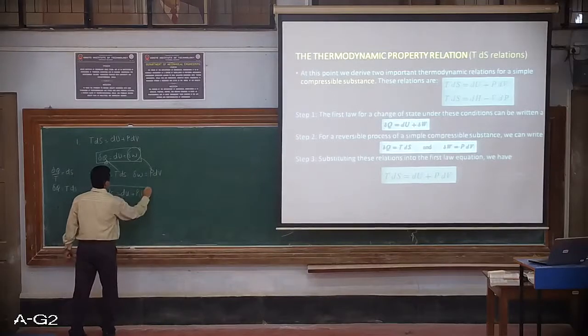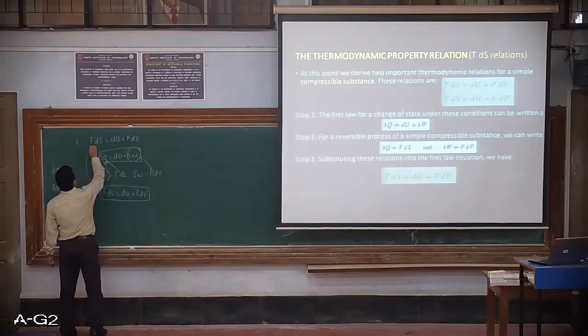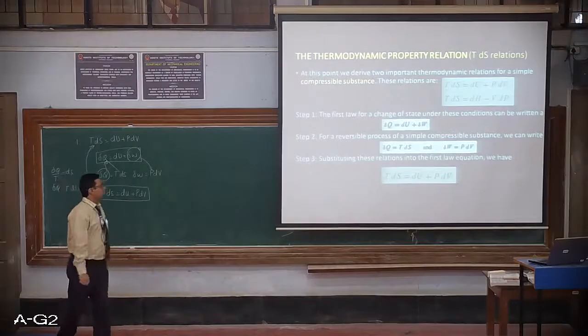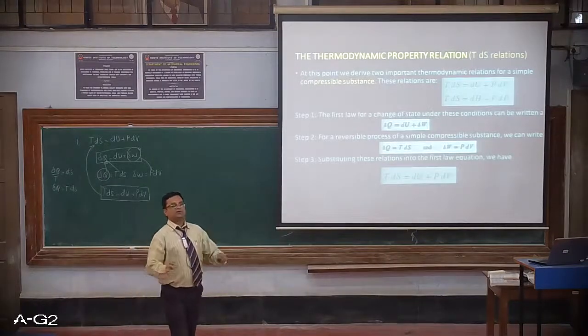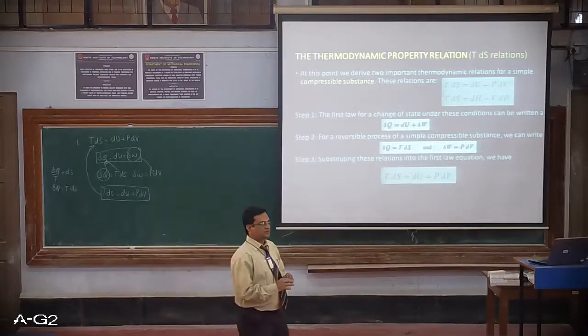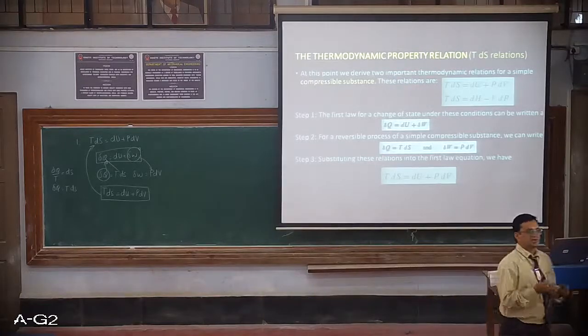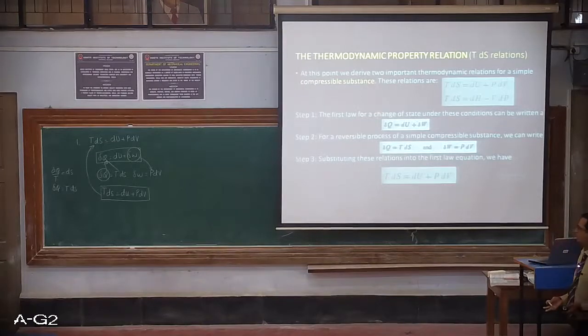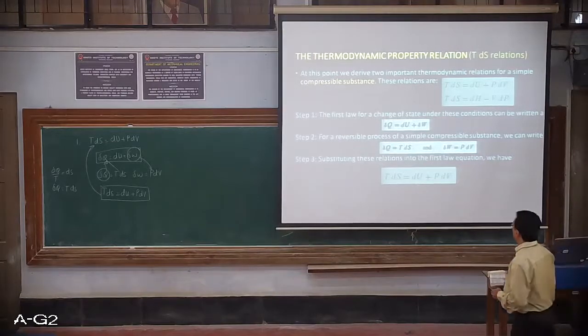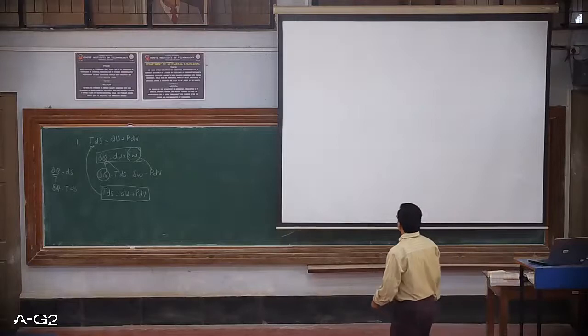So the equation obtained is what we wanted: TdS equal to dU plus PdV. Simple. Now here we are just looking at how best we can rearrange the properties and understand entropy to a better level. That's all. That's the reason why these thermodynamic property relations are used.